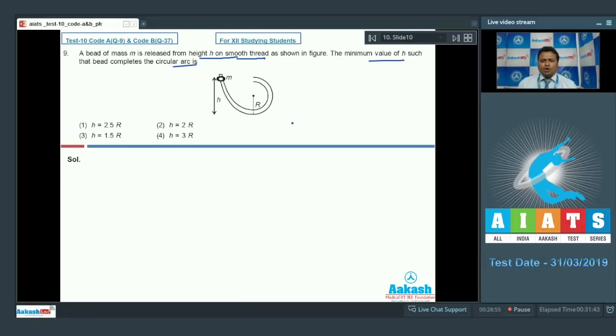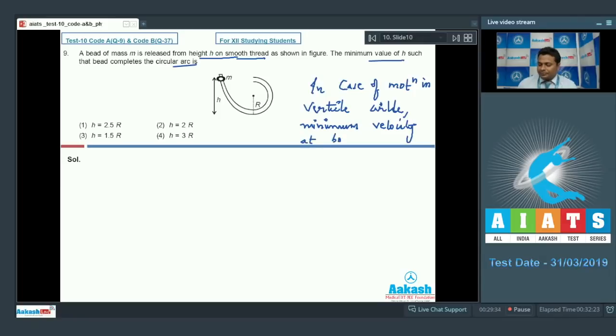Now, we know that in case of motion in a vertical circle, the minimum velocity required at the bottom will be given as V min, that is under root 4rg.